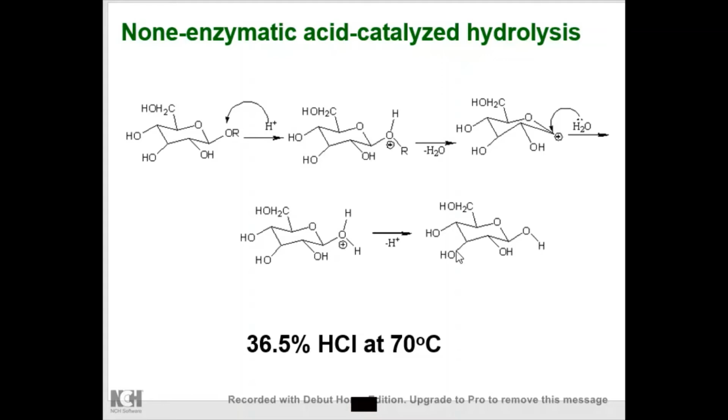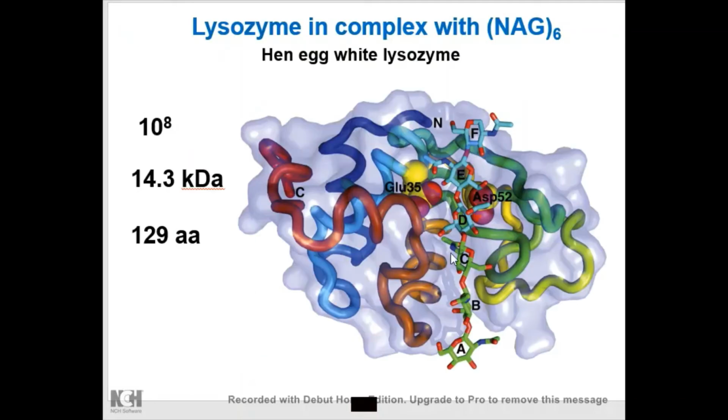And just to mention that this reaction requires harsh conditions: concentrated HCl at 70 degrees centigrade for several hours. And lysozyme, shown here, increases the rate of the uncatalyzed reaction by 10 to the 8 times, which is a very impressive improvement in catalytic rate.